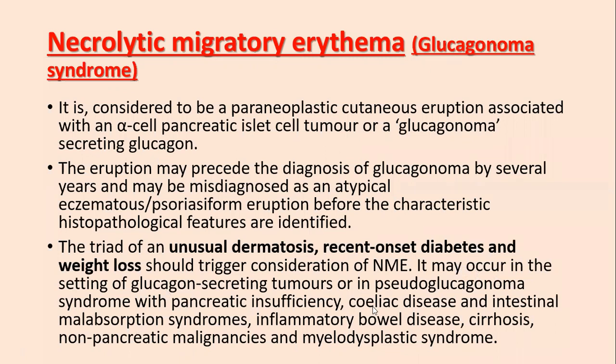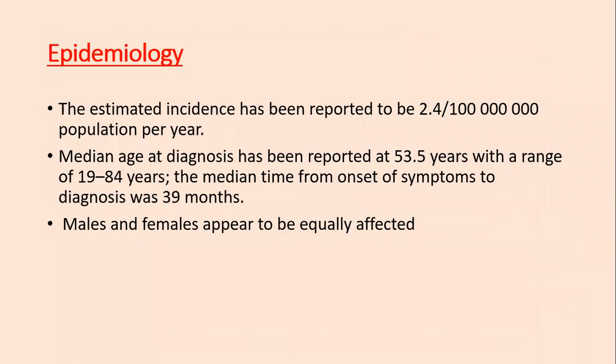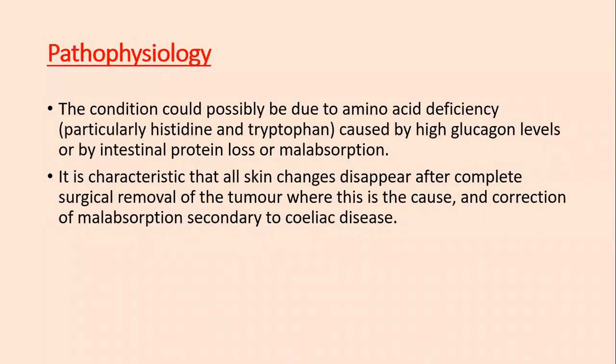Pseudoglucagonoma occurs with pancreatic insufficiency, celiac disease, intestinal malabsorption syndrome, inflammatory bowel disease, and myelodysplastic syndrome. Incidence is low. Median age of diagnosis is high, 53.5, and range is 19 to 84. Male and female are equally affected.